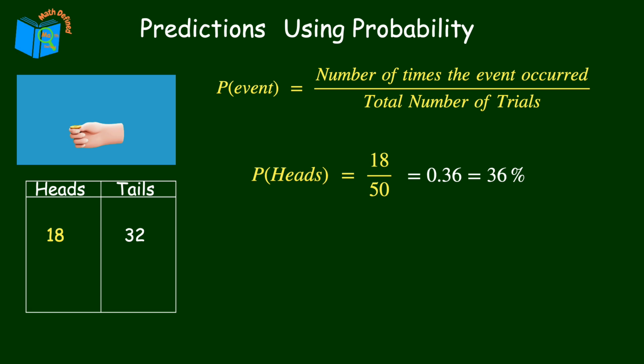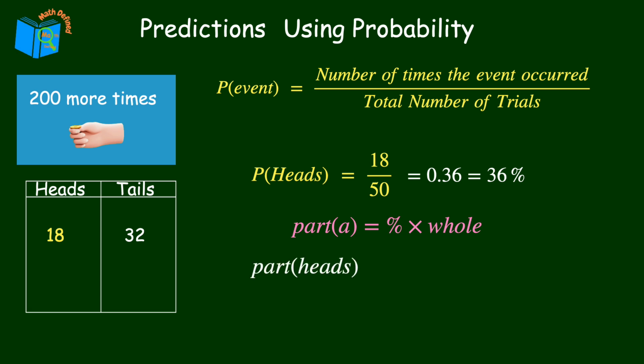Now here comes the fun part. You're going for a coin flip challenge and plan to flip the coin 200 more times. How many heads should you expect to get based on your earlier results? We'll use the percent equation and the percent of experimental probability to help us calculate the expected number of times the coin will land on heads.